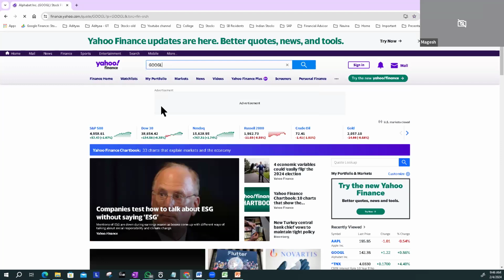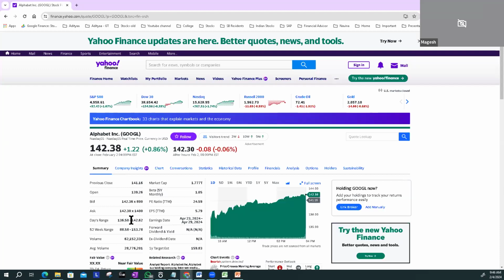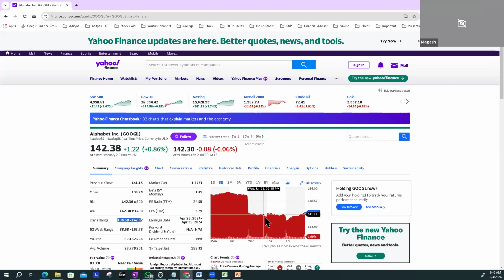Oh, not bad. It went up 142 plus. It was in a 136 low range. But the previous day, after the results, it came down from 152 to almost 140, and then it shot up. Good.